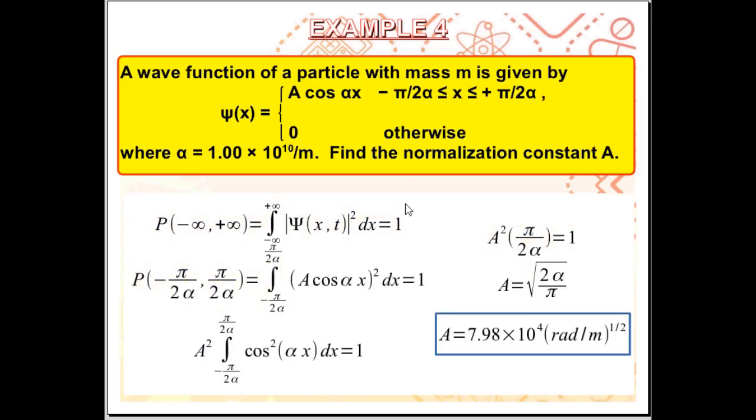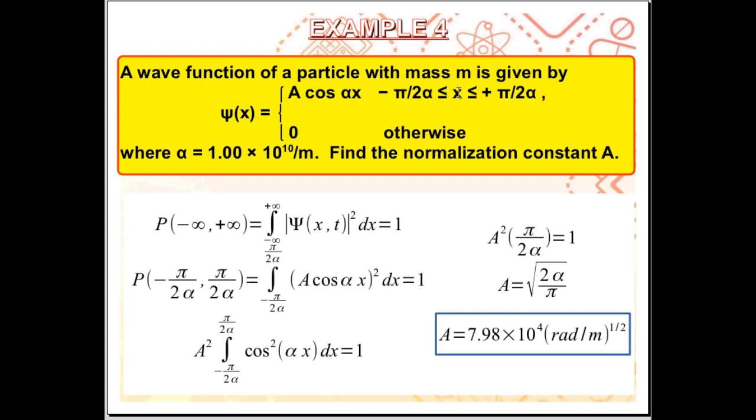So example 4, you have a wave function of a particle with mass m given by the following. Psi of x is equal to A cosine alpha x, where negative pi over 2 alpha is less than or equal to x, which is less than or equal to plus pi over 2 alpha.